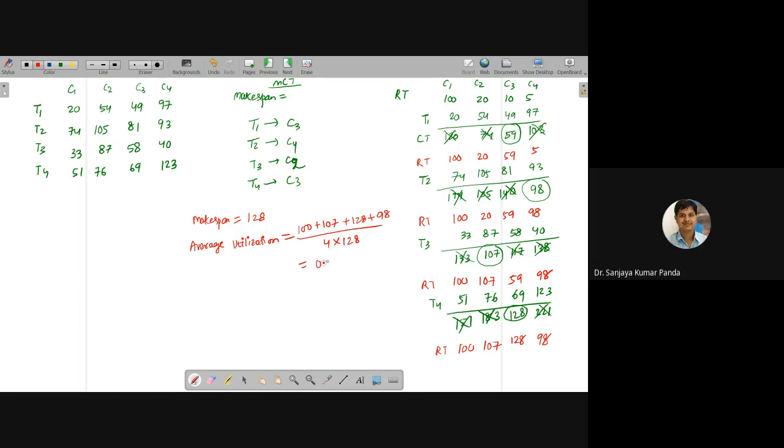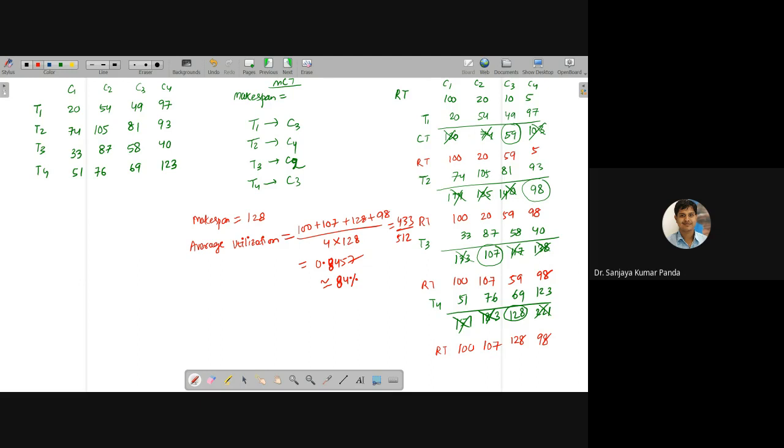So 100 plus 107 plus 128 plus 98 equals 433, divided by 4 into 128, which is 512. So 433 divided by 512. We are getting 84%, right? Yes, it is 84%. You will get 0.8457, so it is approximately 84 or 85%.